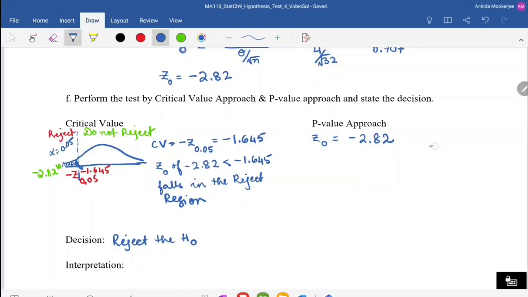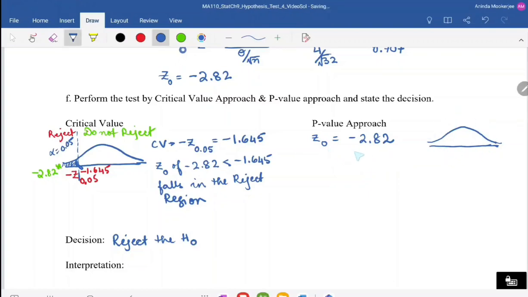In other words, here's our curve. Now there's no reject or do not reject region for the p-value approach like we have for the CV approach. However, you still have to draw a figure showing the alpha area, the p-value on the curve.